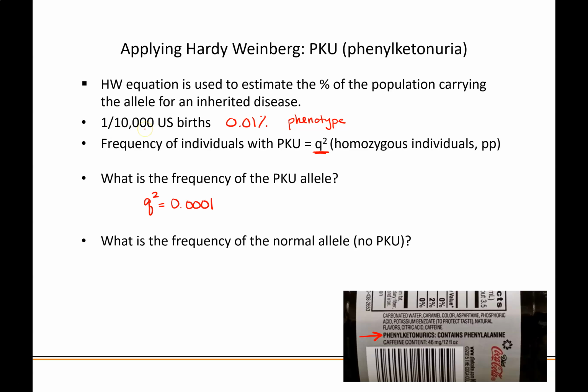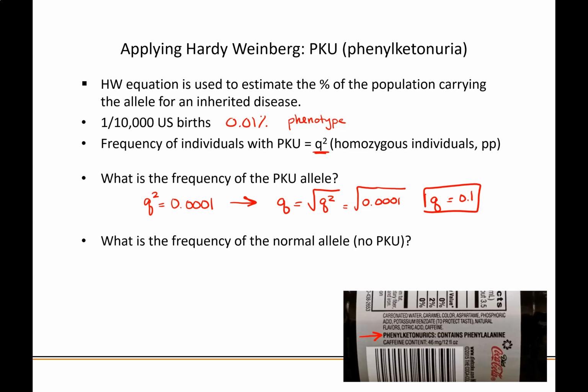That's just 1 divided by 10,000. So to find the frequency of the PKU allele, we need to calculate q. q is equal to the square root of q squared. So q is equal to 0.01.